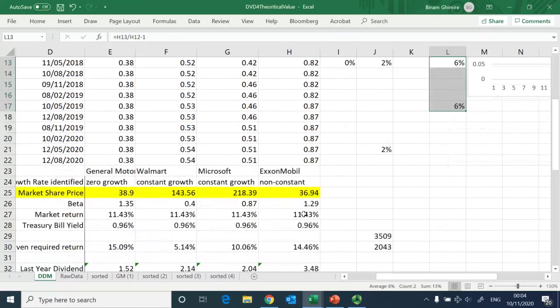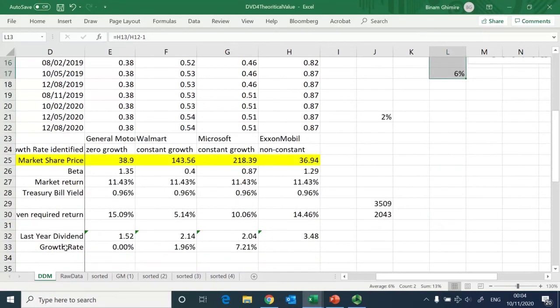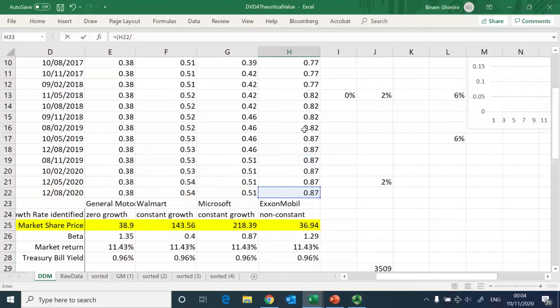With that assumption, what we can do now in order to compute the growth rate is we can just compute the growth rate from halfway through then, which equals open bracket 0.87 divided by halfway through, which will take us to 10 of them, because we've got 20 quarters, so it should be 1 2 3 4 5 6 7 8 9 10.